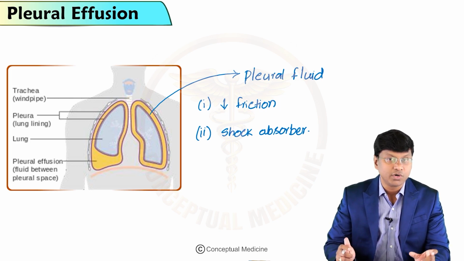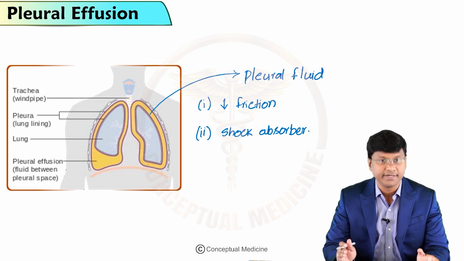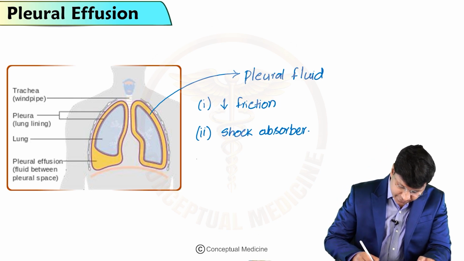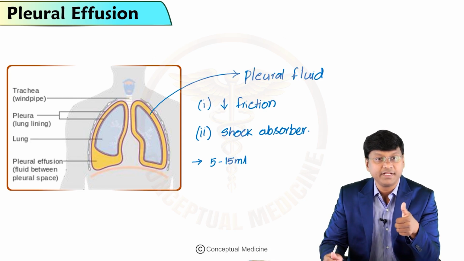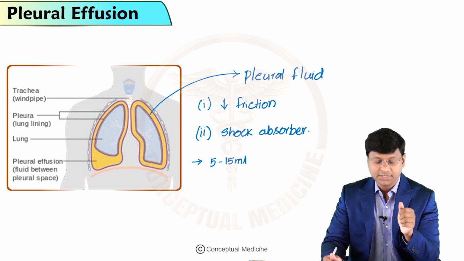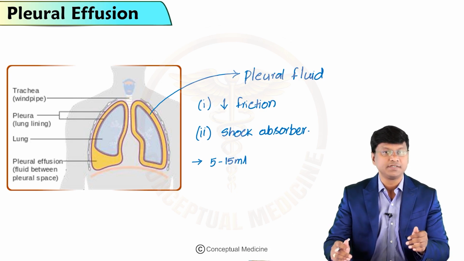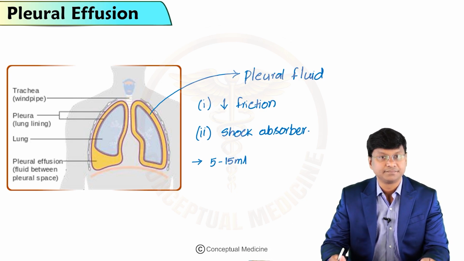If you see the quantity of the pleural fluid in a normal individual, it is around 5 to 15 ml. Now the question is, where is this pleural fluid coming from?